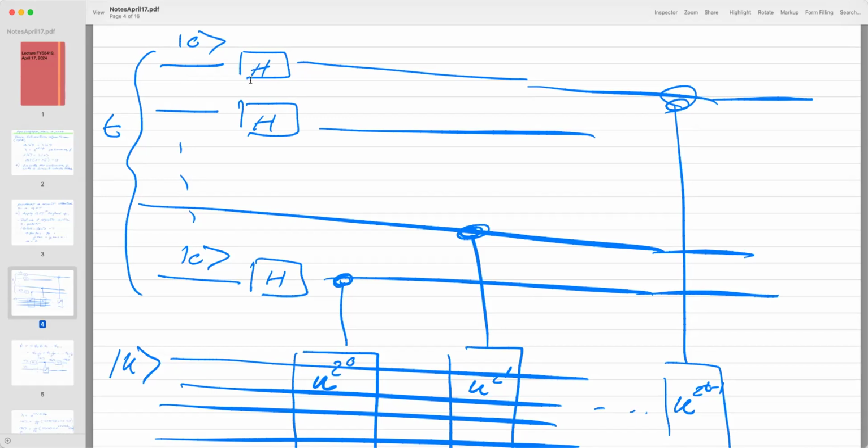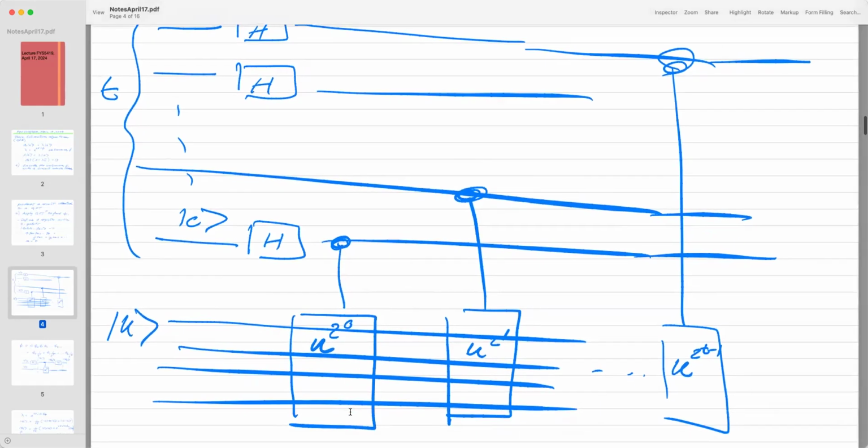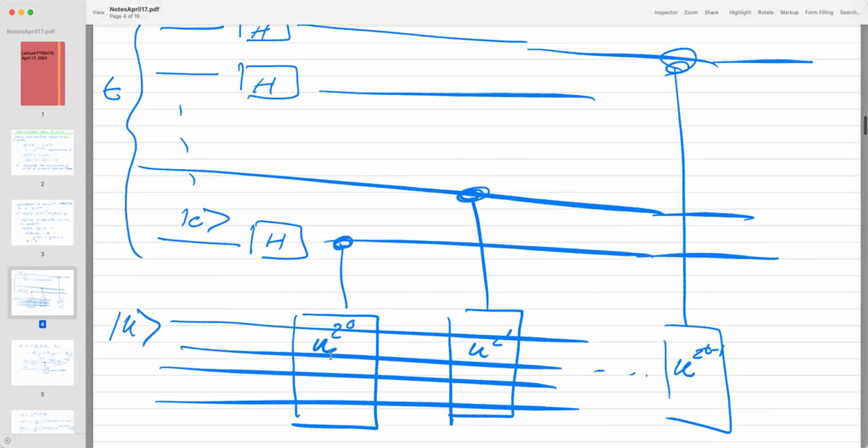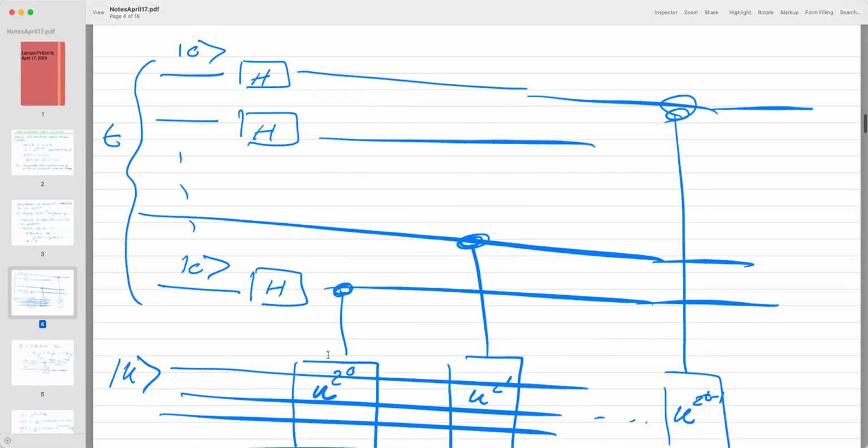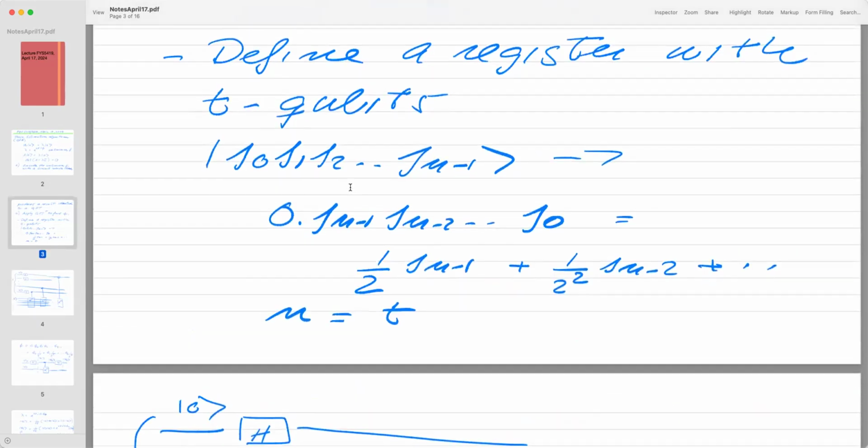Then we first perform a Hadamard transformation on all the qubits in this register. This is a state which we want to find the eigenvalue of. And this state is due to the rotations, which act on different qubits. You can decide whether this one acts on this or that, and that is simply given by the way you're ordering the representation of a given state.